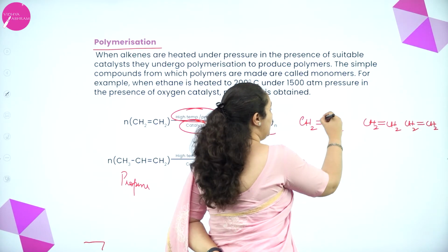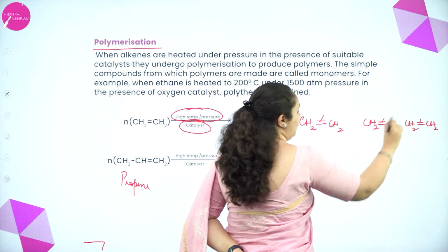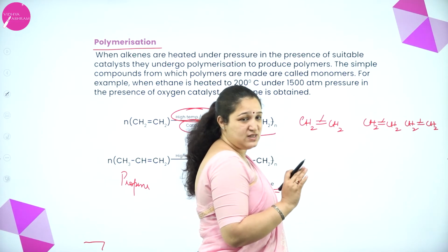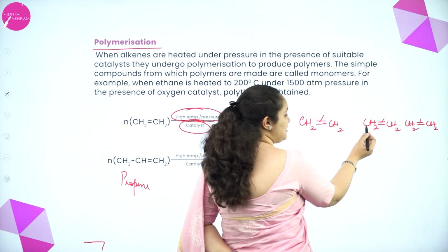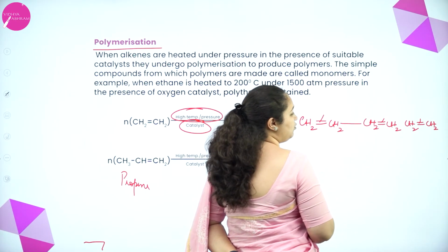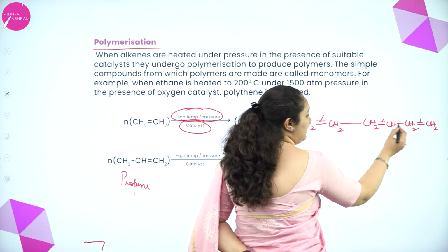Now we will break one bond in each. Carbon has to form 4 bonds, isn't it? So this carbon is deficient of one bond, this also is deficient of one bond. This will form a new bond here, and this again will link with another.